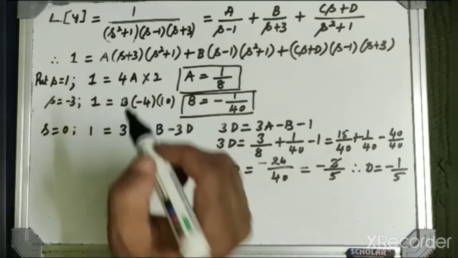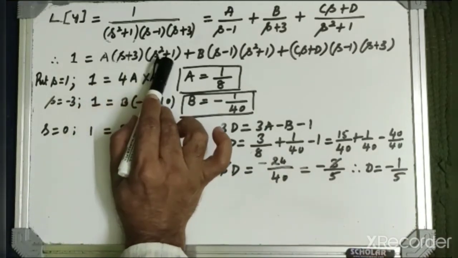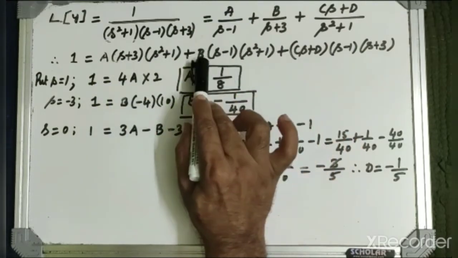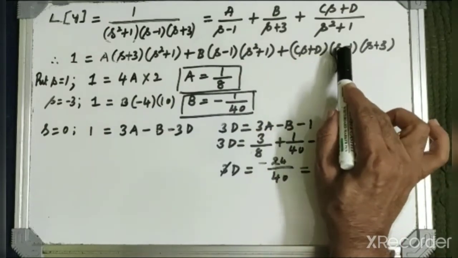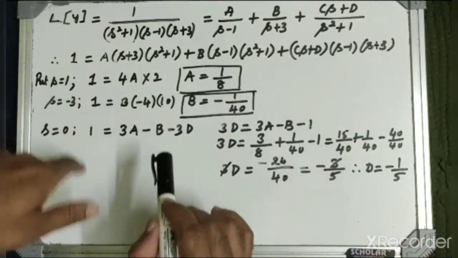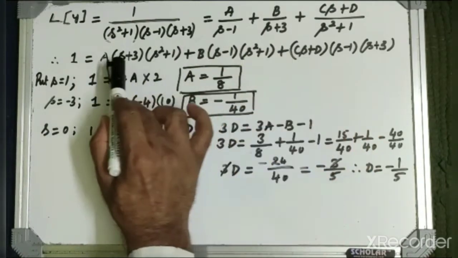Now I will equate the coefficient of S cube. In the first term the coefficient of S cube is A, in the second term it is B, and in the last term it is C. So A plus B plus C is the coefficient of S cube.